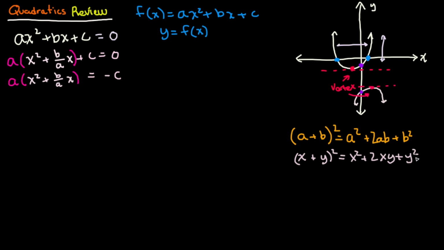And I would really like to note here that this y that I used is not the same y as the y-axis. This is just a placeholder variable that I used so that we could see how this expansion works. So don't confuse this y with what I used for the original equation. So how can we use this?